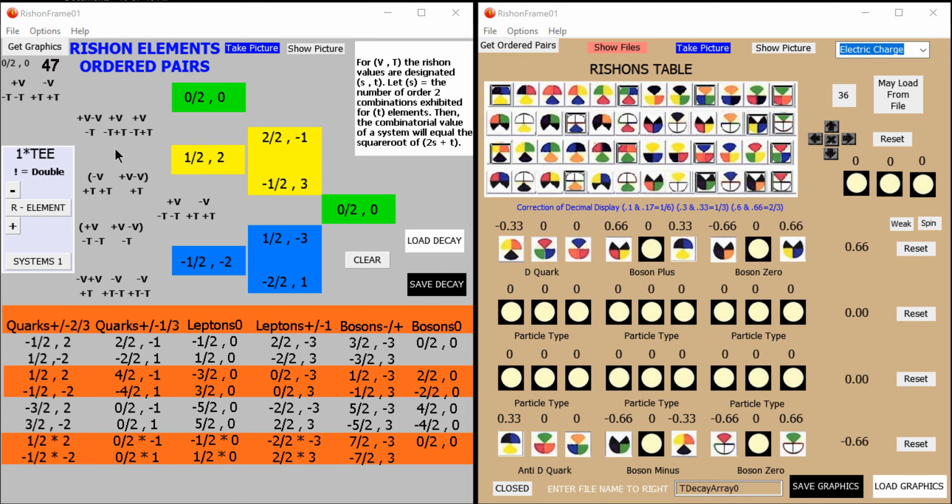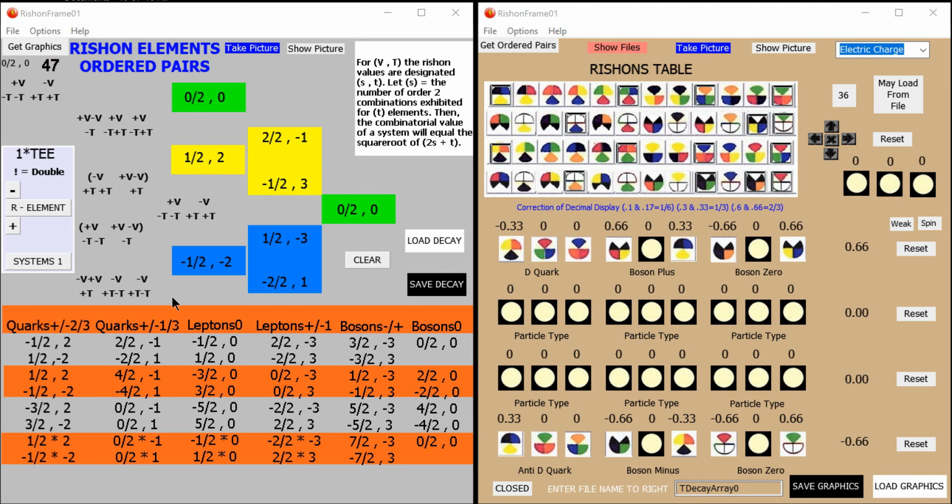The Rishon elements are derived from the ordered pairs of non-standard order of 1/2 S and T equals 2. S equals 1/2 and T equals 2 is the ordered pair of the combinatoric model that represents the T quark.